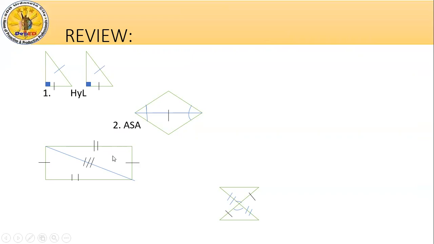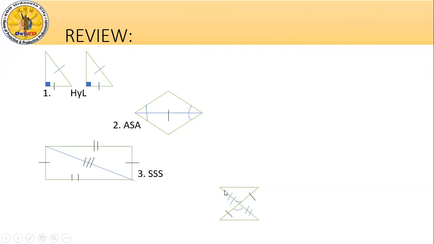What about number 3? Before you answer, please look at the markings of the congruent parts. So number 3 is SSS, or side-side-side congruence. Very good. How about the last one?